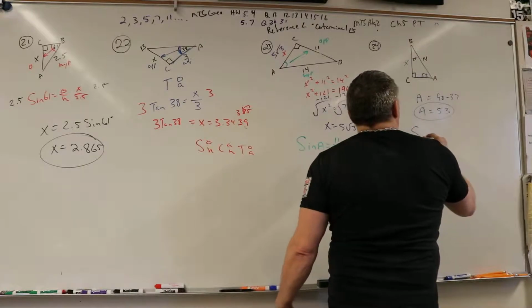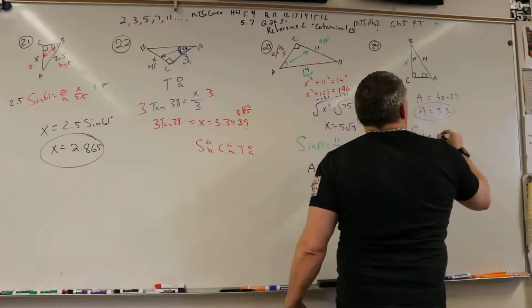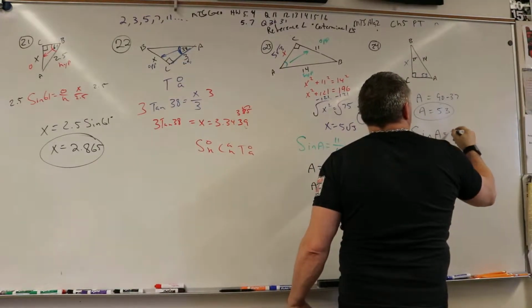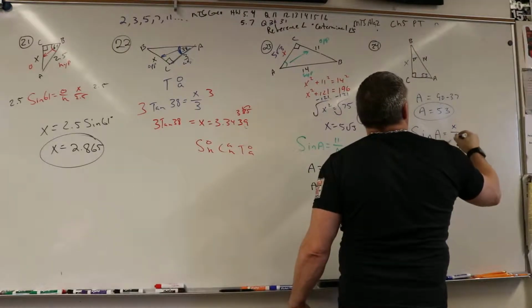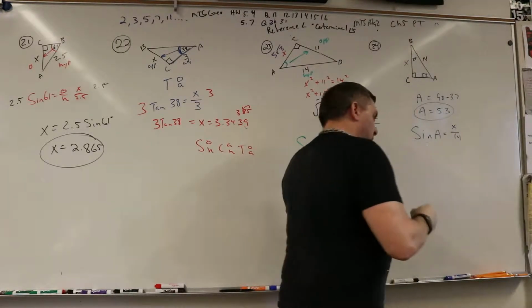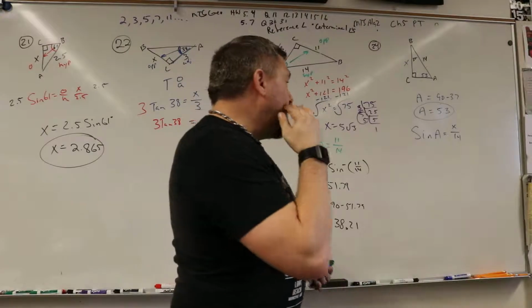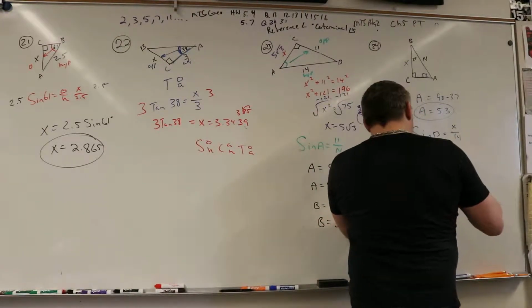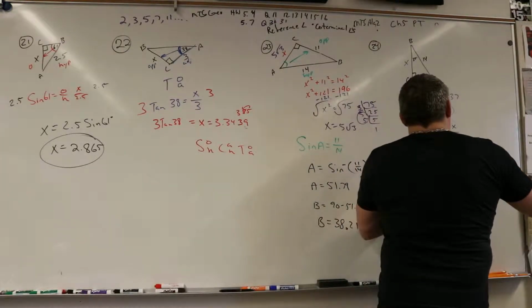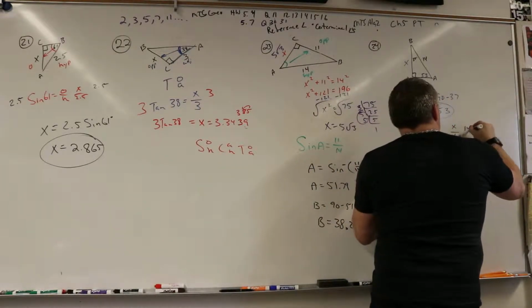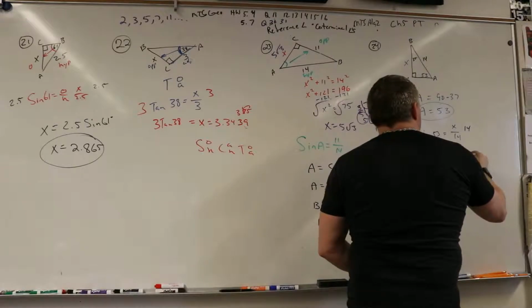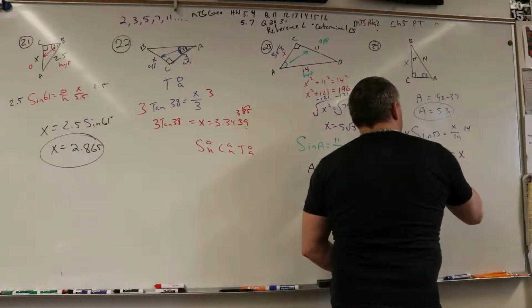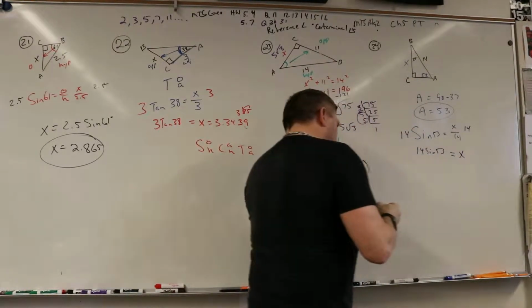So you can go the sine of angle A is equal to the opposite, which is x, over the hypotenuse, which is 14. The sine of A is 53. And we multiply both sides by 14. So x is equal to 14 sine 53.